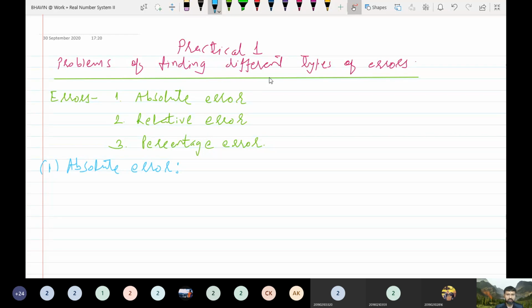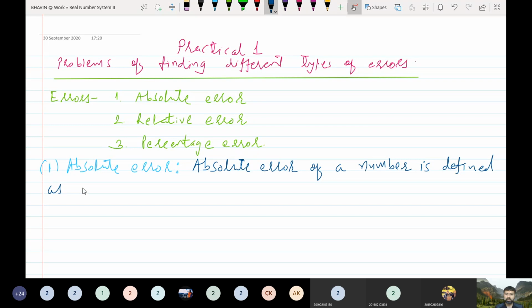Absolute error of a number is defined as its true value minus its approximate value, or defined as the difference between its true value and its approximate value.